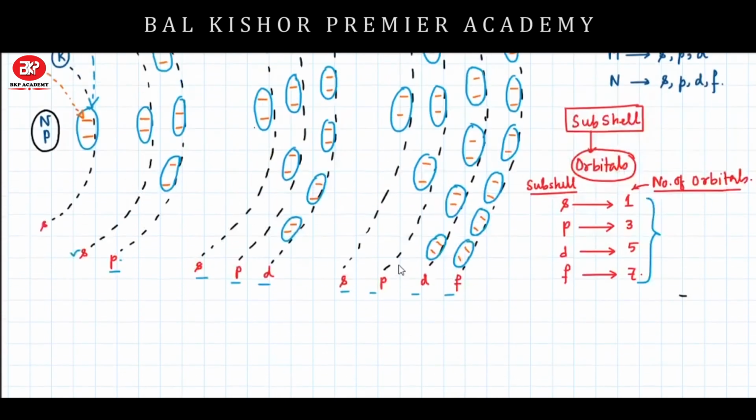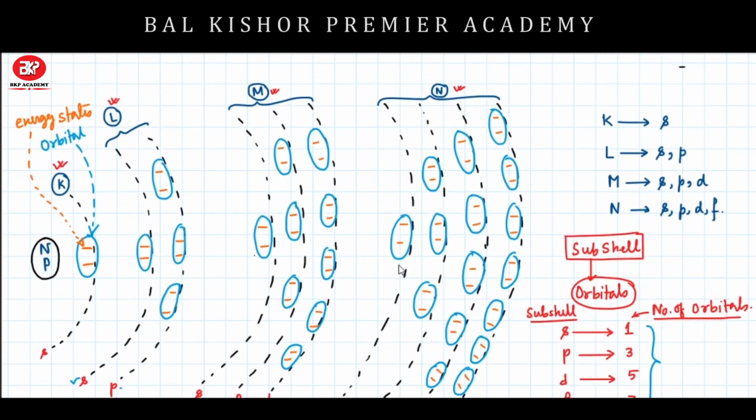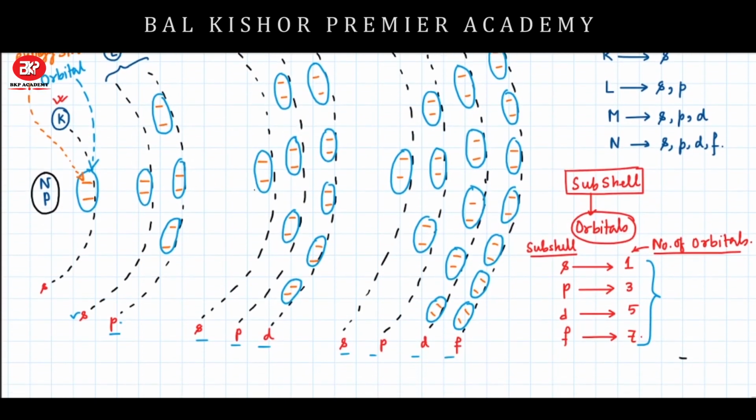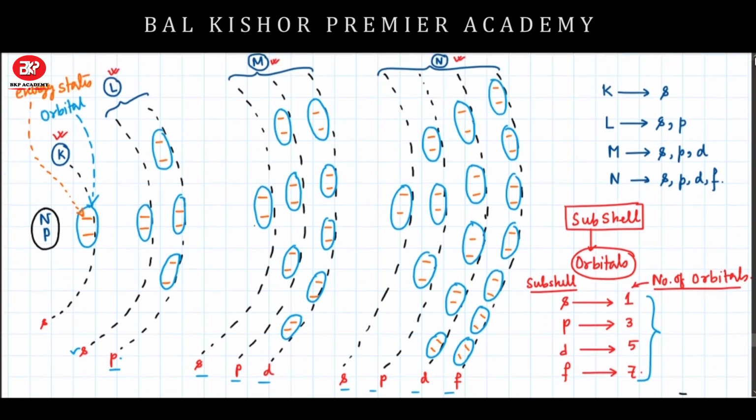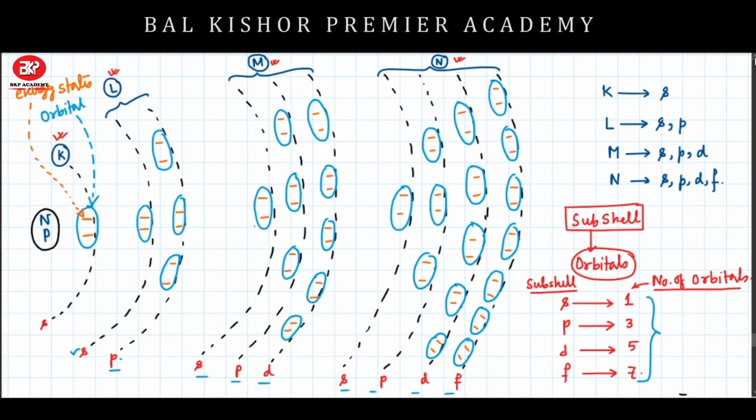So in this picture we can see that in the K energy level we are having one orbital. In this orbital only two energy states are there, so there can be two electrons.